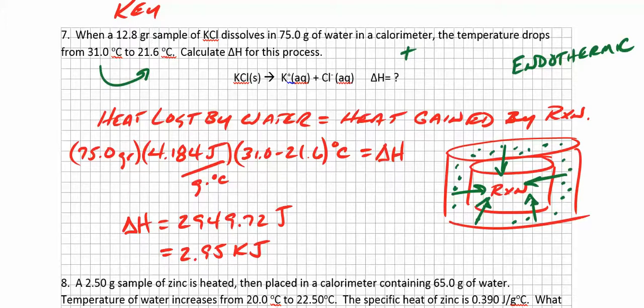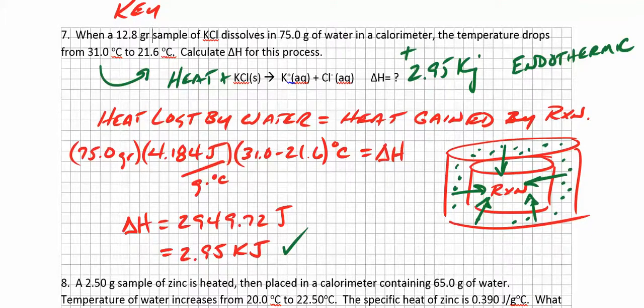So that is the delta H: positive 2.95 kilojoules. That means it requires that much heat to make this reaction go. So heat plus the potassium chloride will dissociate into potassium ions and chloride ions, and we're done with number 7. Let's go to the next one, number 8.